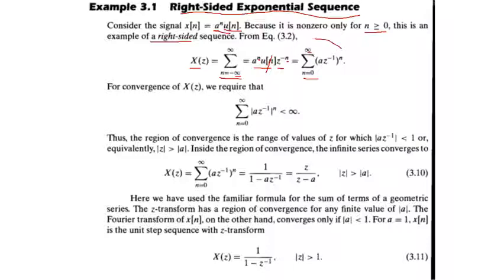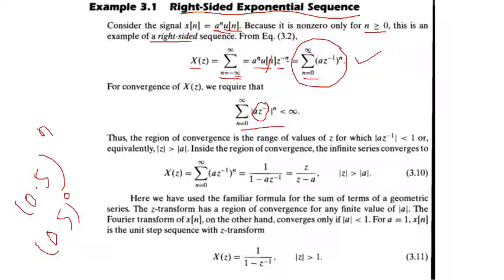So for this summation to exist, the Z transform will converge if and only if the sum is less than infinity. And we know that this summation will be less than infinity when this argument is less than 1, because if something is less than 1 and is raised to power n, and n is increasing, for example 0.5 raised to power n, as n increases we get 1 plus 0.5 plus 0.25 and so on.